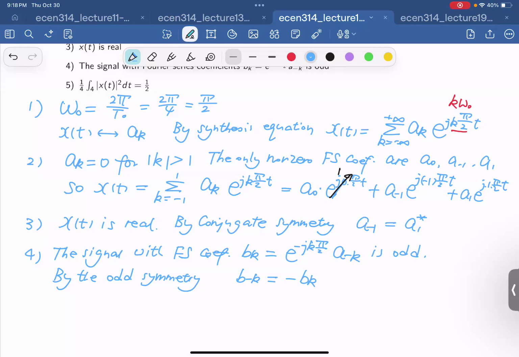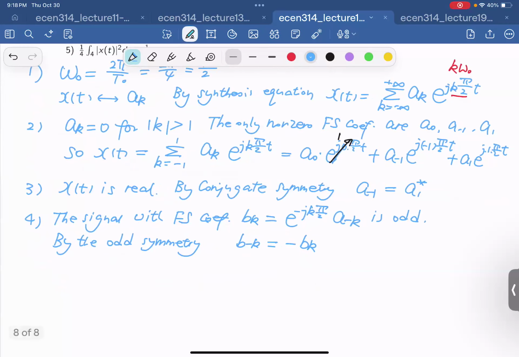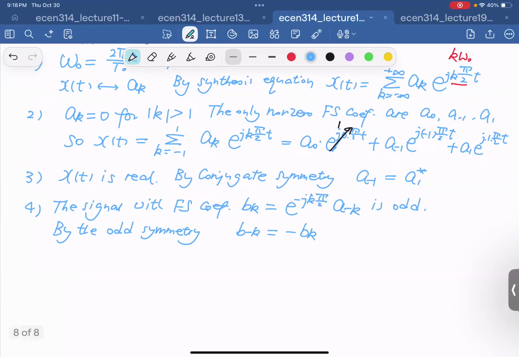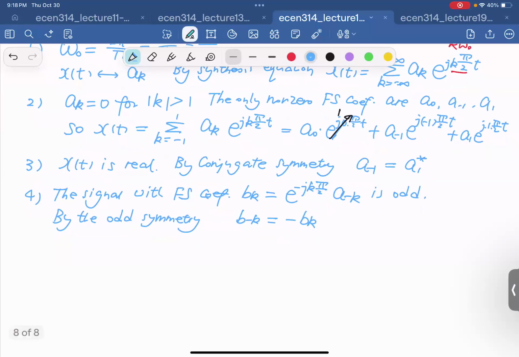Okay, but that is b. What do we know about a? We only need to figure out a sub 0, a sub minus 1, and a sub 1, right? Okay, let's just write them down and see what b sub k tells us about a sub k. Let's again look at this expression relating b sub k to a sub k.